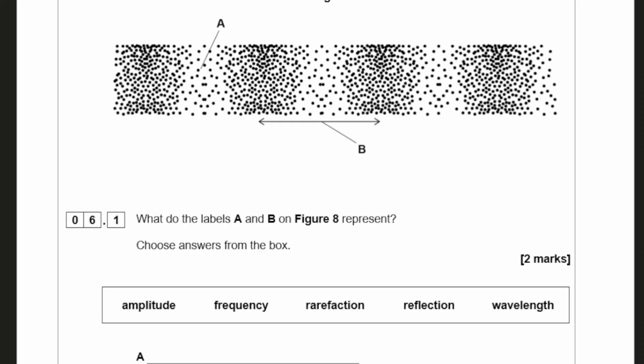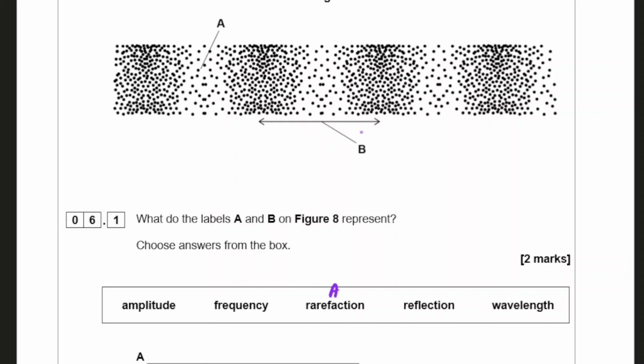So where all the particles actually spread out is called rarefaction, that's A, and where it's spread out between these 2 points. Okay, so this area is rarefaction.